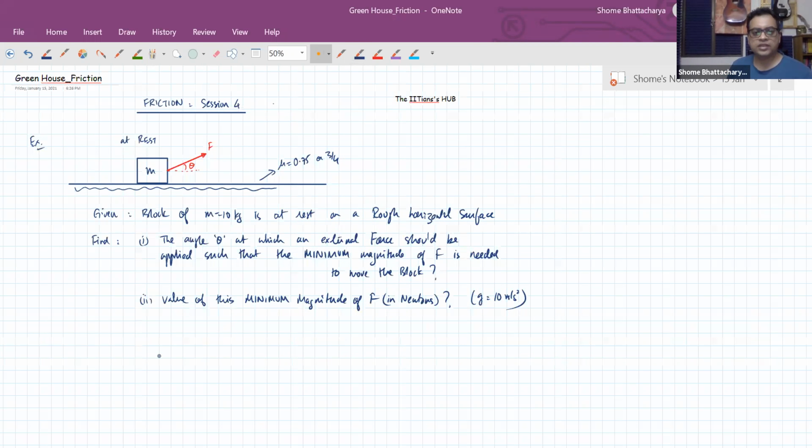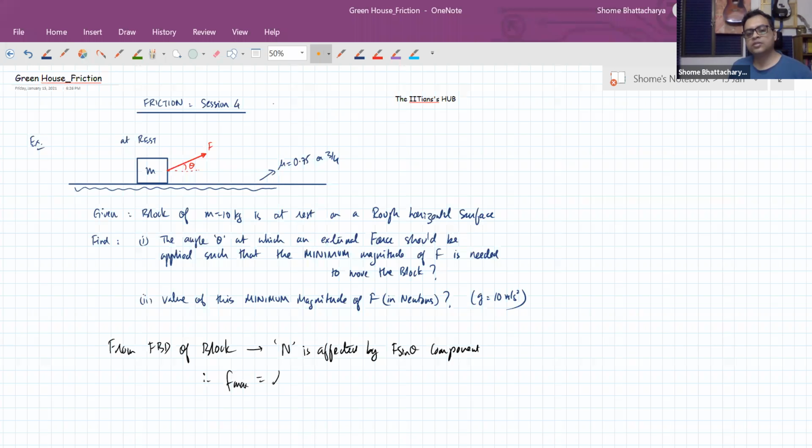So the first thing you have to understand is when you make the free body diagram of the block, you will see that the normal reaction is affected by the F sine theta component. Therefore, maximum friction, which is mu N, is a function of theta.